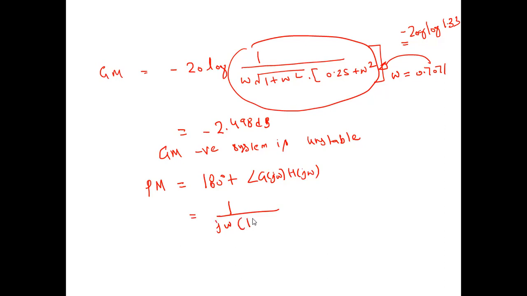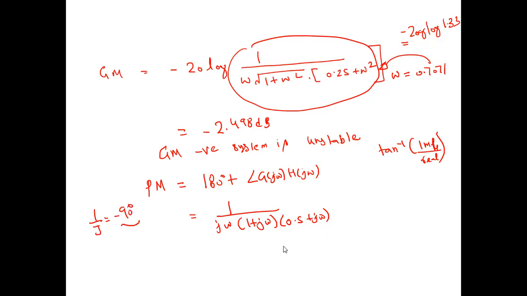Then 1 plus j omega would be tan inverse of omega. Then we have 0.5 plus j omega, which is simply tan inverse of imaginary by real.